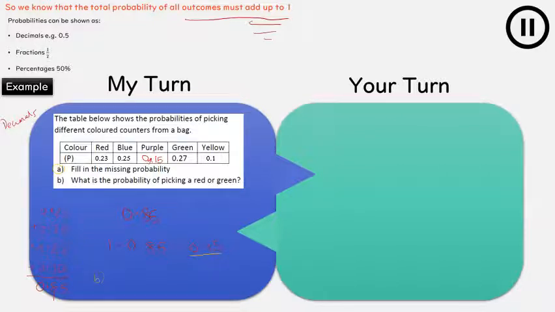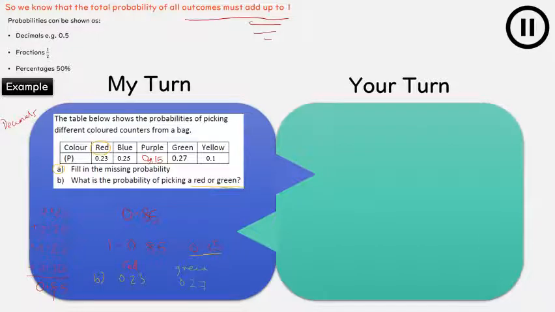Part B, what's the probability of picking a red or a green? Well, the probability of red is 0.23. That's the probability of red. And the probability of green is 0.27.